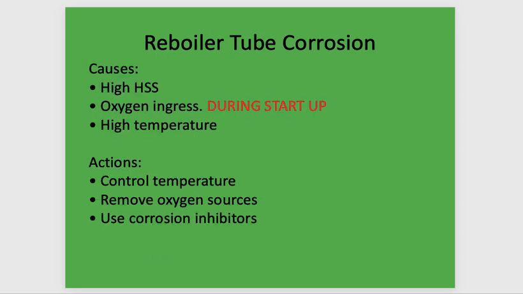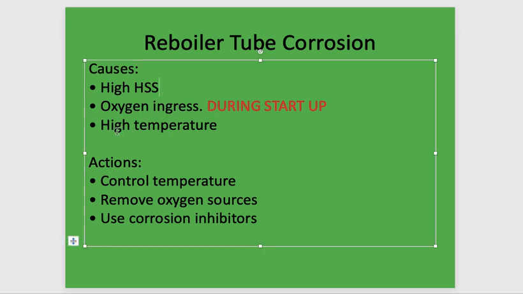Reboiler tube corrosion. This happens because of oxygen ingress, high temperature, and high heat stable salt. So what do we mean by oxygen ingress? Before you start up this unit, you have to make inerting to the unit by purging the unit 3 times with nitrogen and taking a sample, and don't work with the unit above 0.2 volume percent O2.